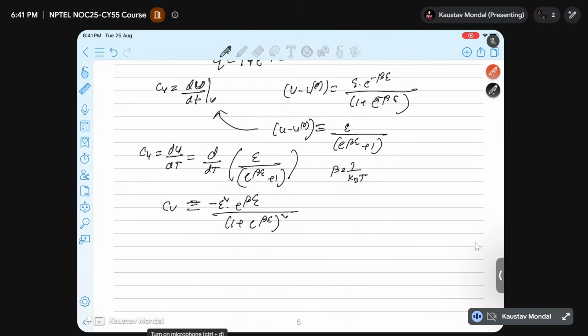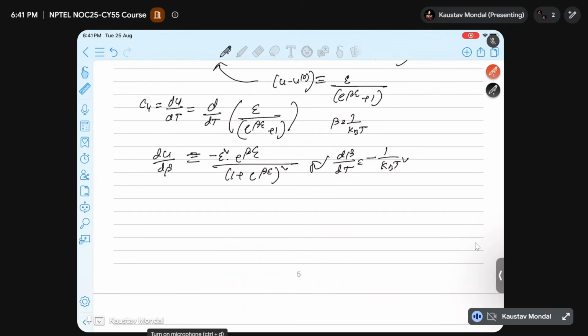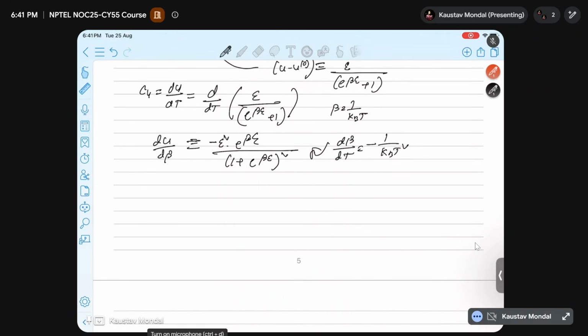Here, in order to do that, we can also use this quantity: d beta by dT equals minus 1 by kBT square. This is dU by d beta. So now CV you can write as dU by d beta into d beta by dT.